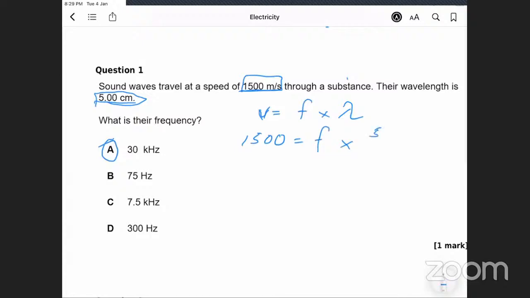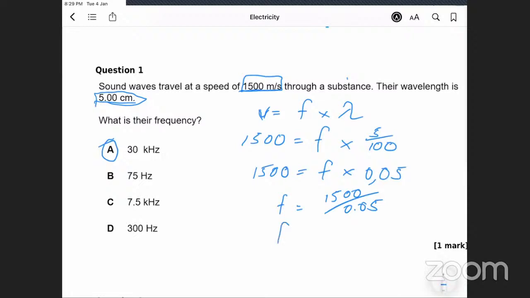So it's 5 divided by 100. So 1,500 is equal to F times 0.05. F equals 1,500 divided by 0.05, which will give you 30 kilohertz, or 30,000 hertz.